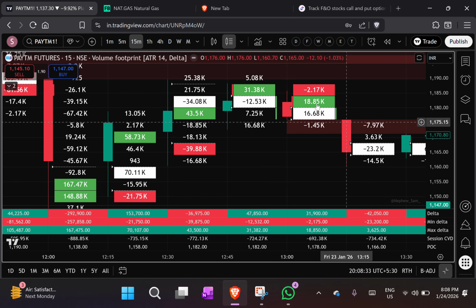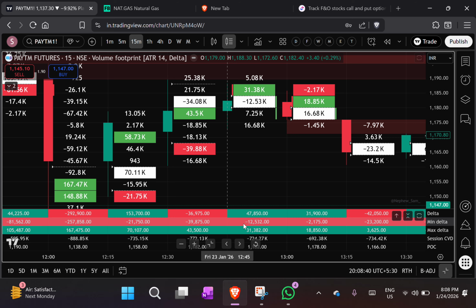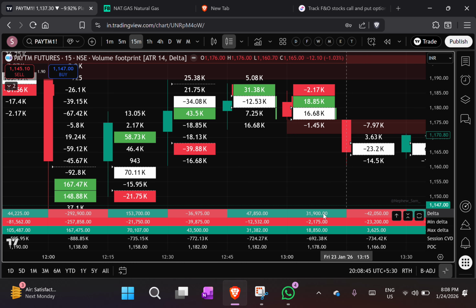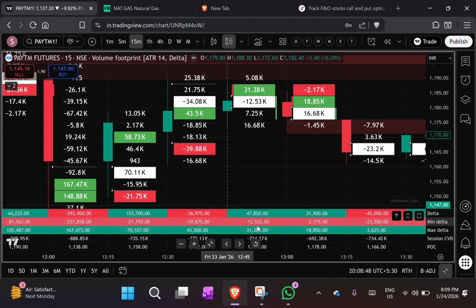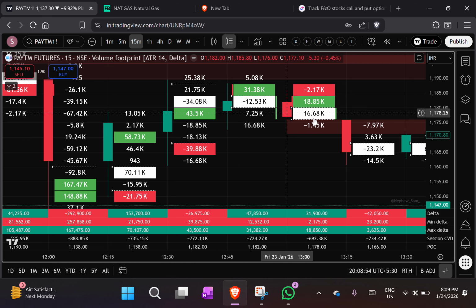So if you see here, whether this candle is ready to sell or not, still I will wait. Why? Because very simple thing, 47,850 to 31,900, buyers' activity reduced, but aggressive sellers minus 12 to minus 2,000. So here aggressively people are selling in this candle, but in this particular candle very few people are selling aggressively.